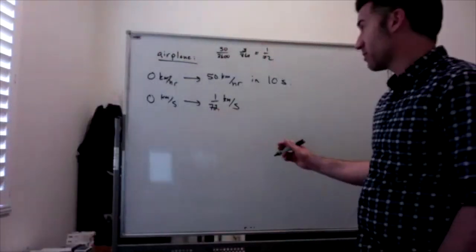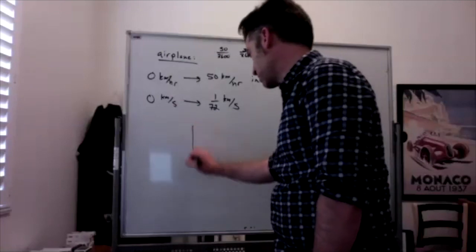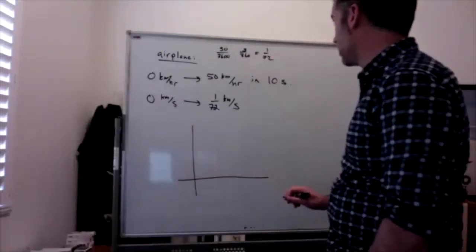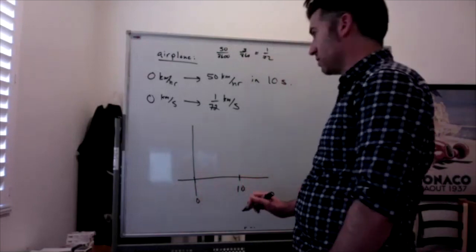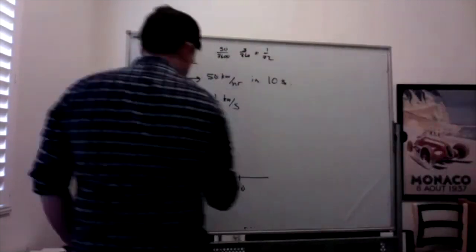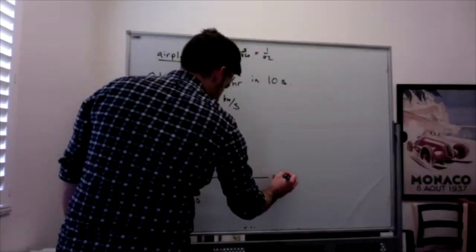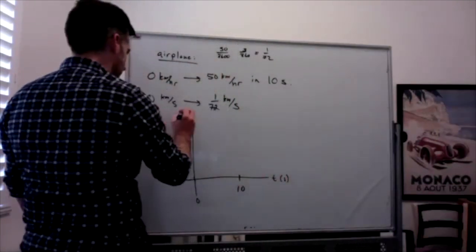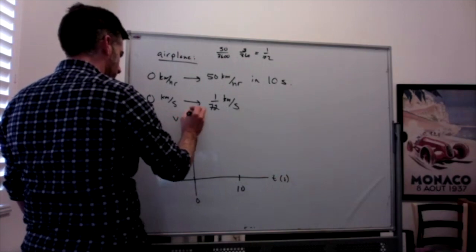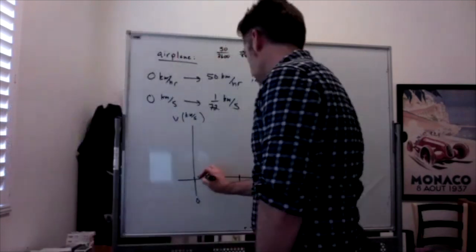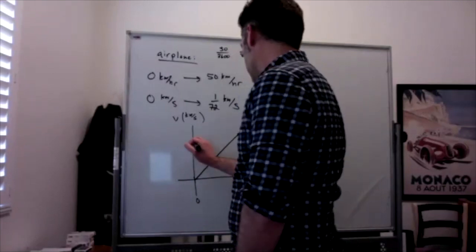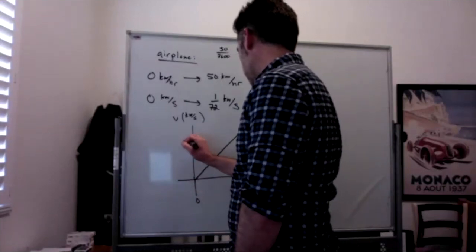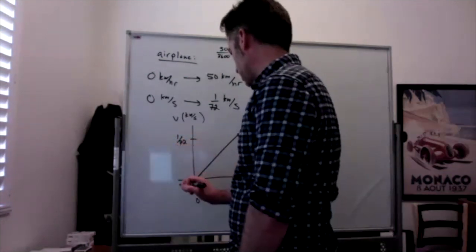So from 0 seconds to 10 seconds, this is time measured in seconds, and this is velocity measured in kilometers per second. We go from 0 kilometers per second to 1 over 72 kilometers per second.